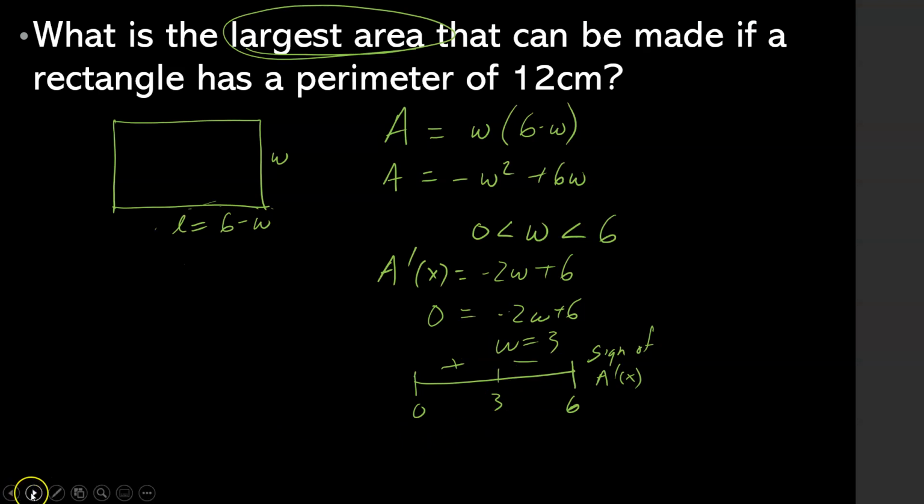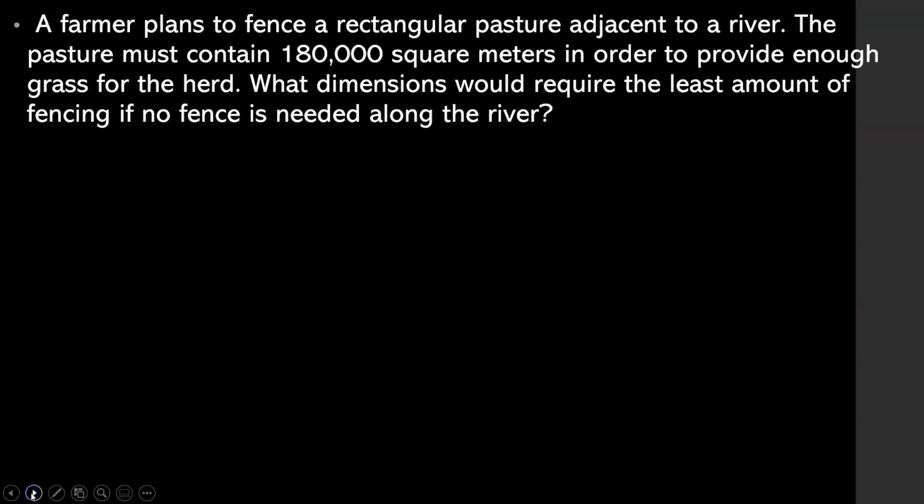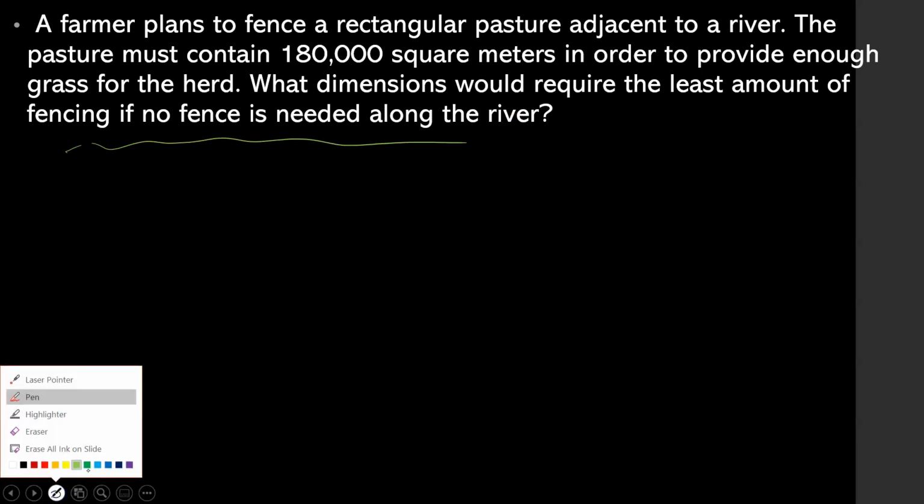So, stuff about areas and rectangles. I'm trying to go quickly because I know you're not going to watch everything. So I want to break down the questions and write the equations. Ooh, lot to do here. A farmer has a fence. He wants to make a rectangular pasture adjacent to a river. Here's the river. Ooh, maybe we should make the river blue.